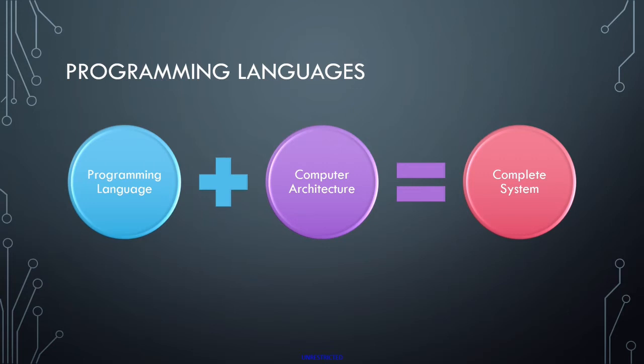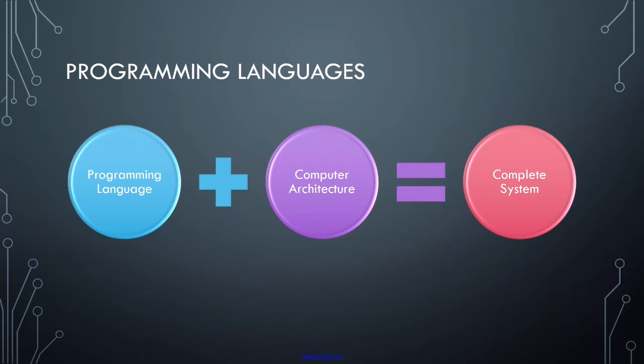And a complete system happens when we take our programming language and we use it with a specific computer architecture, and we combine the two and we have a unique system. So there are a lot of unique systems and unique combinations of these.